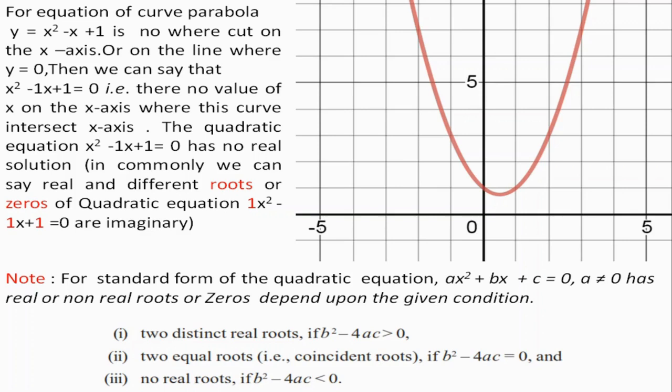It connects with this formula, the discriminant b square minus 4ac. If it is greater than 0, then we get two distinct and real roots.